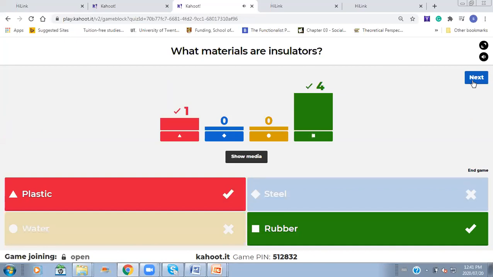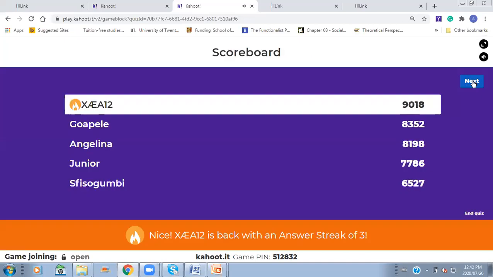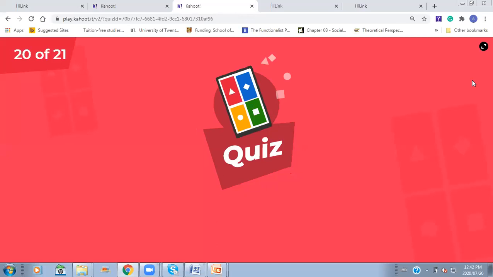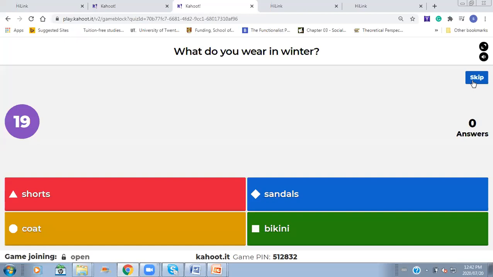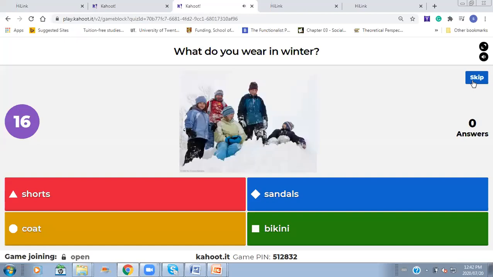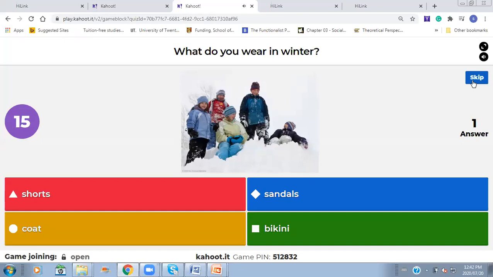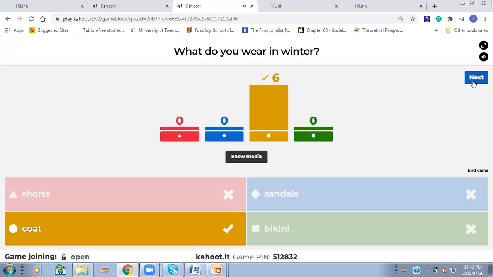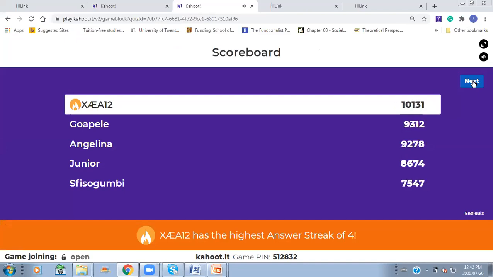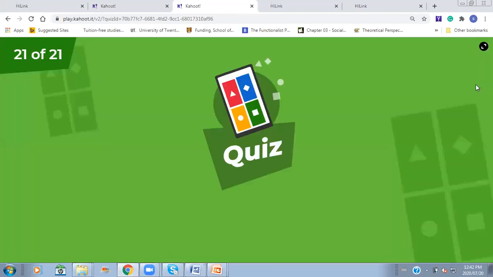Yes, the correct one is rubber. Let's continue. They are correct. Let's go on. Let's see. All right. So when you see this flame, it means the person answered correctly. And so you can see the last one.